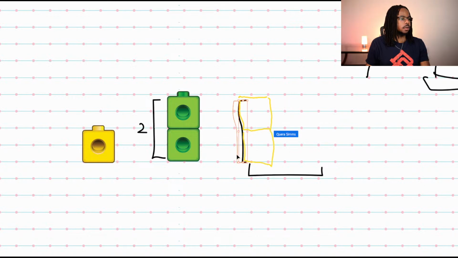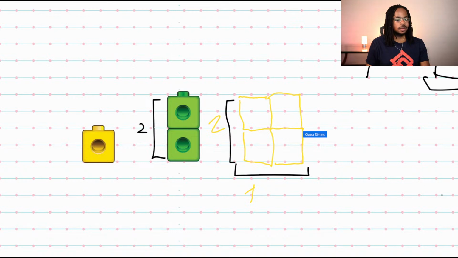That's two. Excellent. Now we know it's 2 units tall. That has to be 2 units wide. So we have one right now. So that's not a square. That means we need to add another line next to it to make it a square, which would give us a total of 4 units.